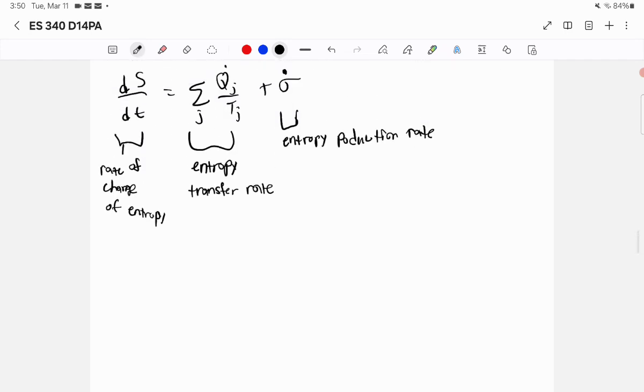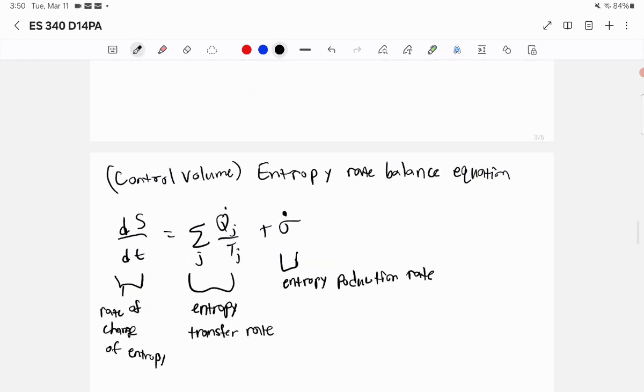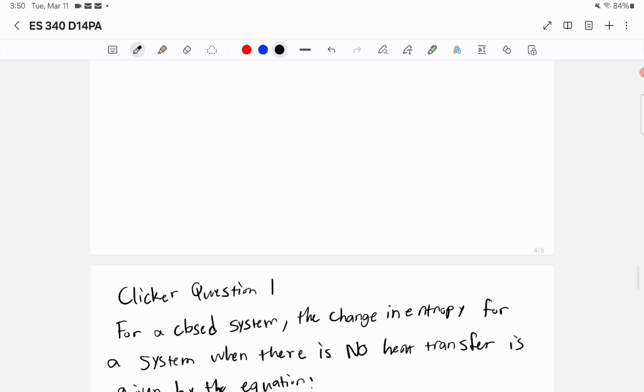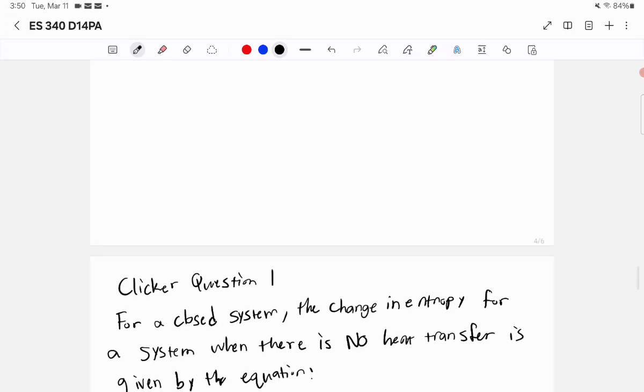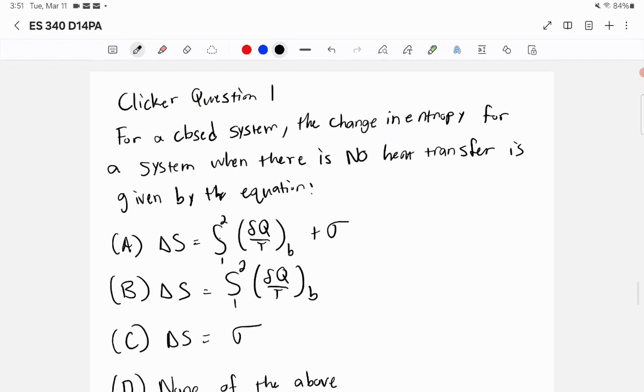But if I can drop one or the other terms, that'll be the interesting scenario. Just like the energy balance equation, where which terms I can drop was the key thing, similarly in the entropy balance equation, which terms can I drop here? Or do I have to leave them all, right? That could be a scenario.